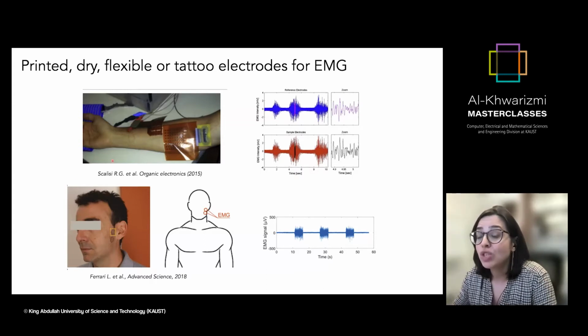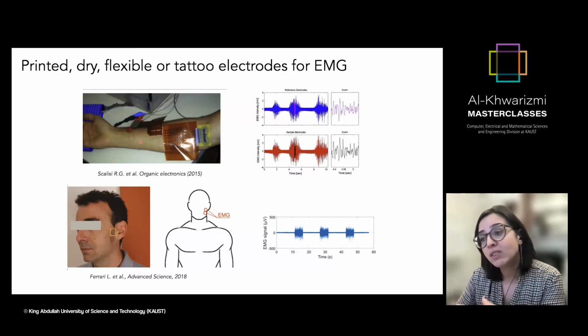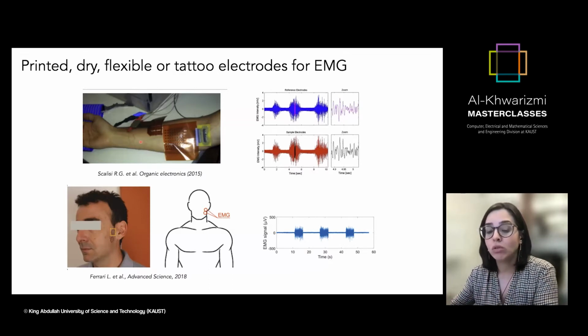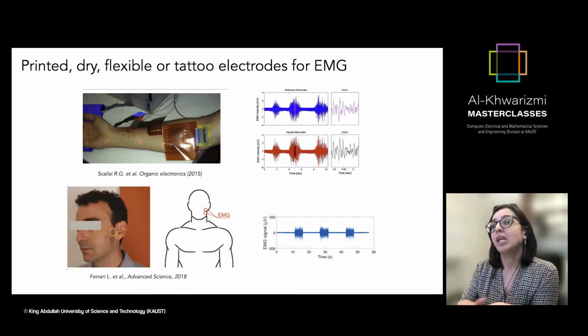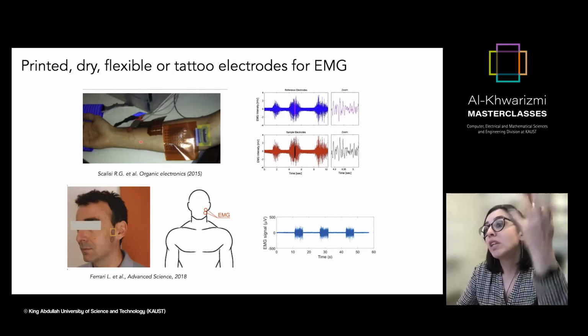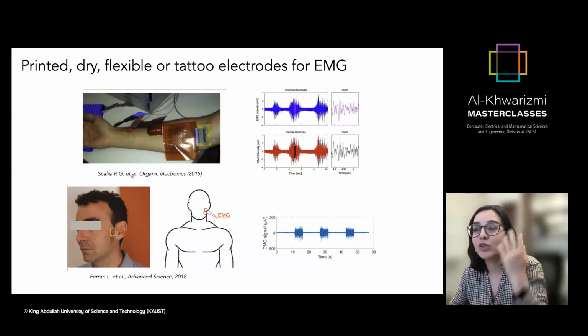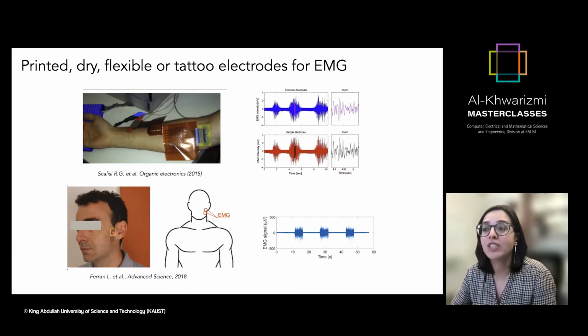One, I think, revolutionary idea is to print materials on tattoo paper, and then once you tattoo that paper on your skin, you can basically have an electronic material on the skin that can detect EMG activity, and that's what this paper also shows, quite a nice one.